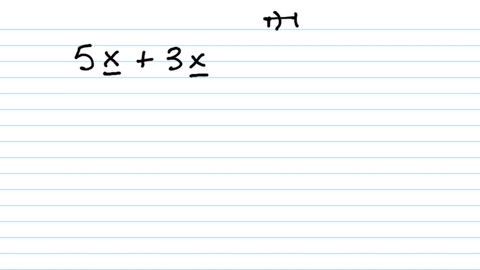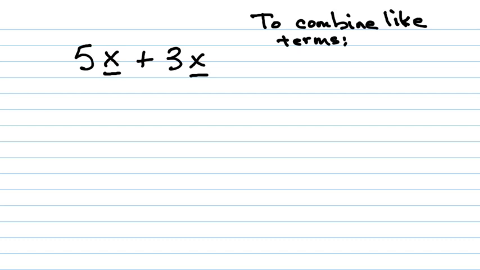If they're like terms, we need the steps. To combine like terms, first, of course, they have to be like terms, but we've already determined that. All we're going to do is keep the base and the exponent.